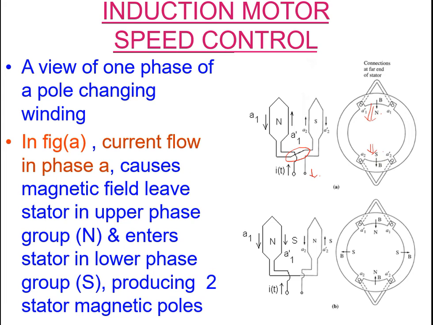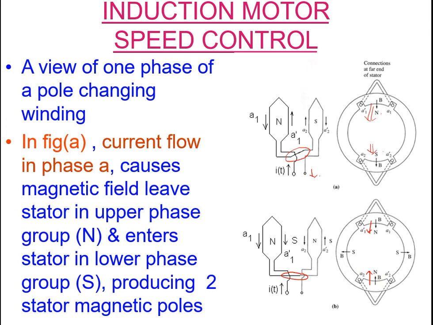Now what I do is change the connection here. Just compare these two diagrams. If I change the connections, what will occur here? The magnetic flux will leave from the upper part of the stator, and similarly here also the flux is leaving.